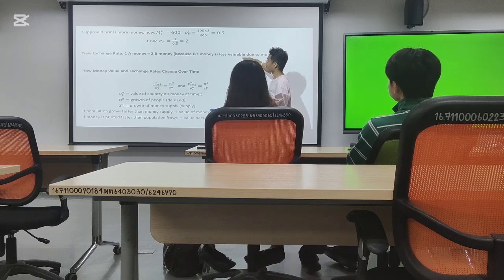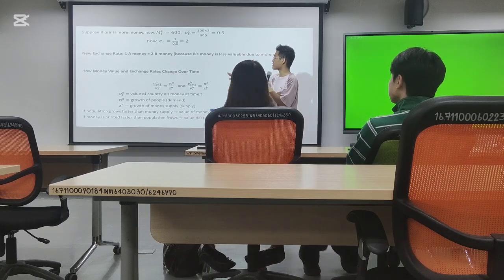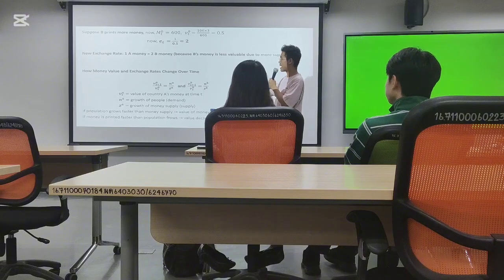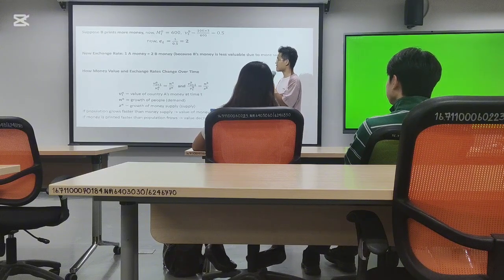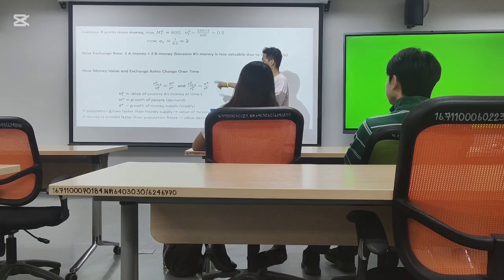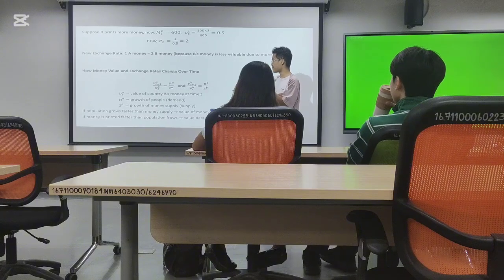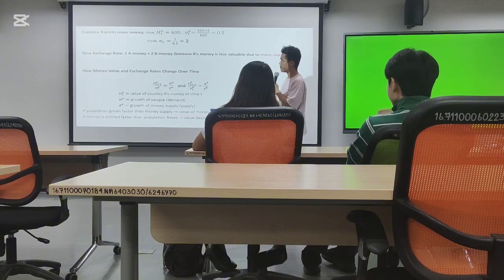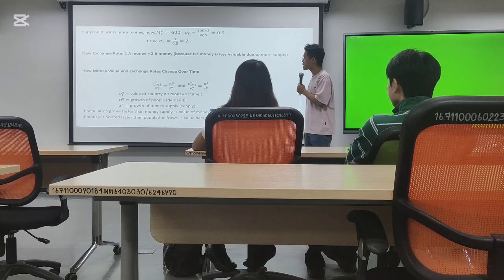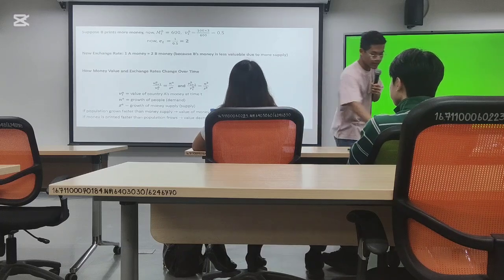This is part one, and it also depends on time. So these are the equations for how exchange rates change over time. We have VAT, the value of country A at time T, A's growth, and ZA, the growth of money supply.